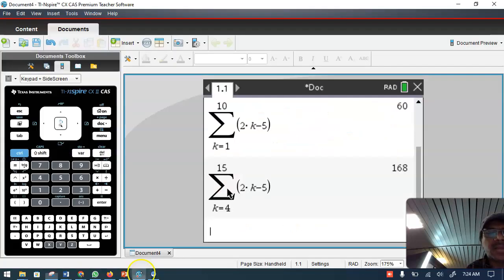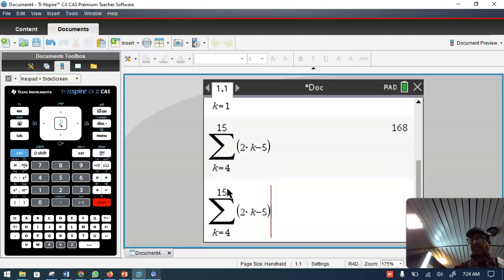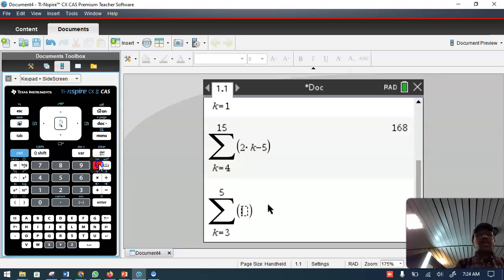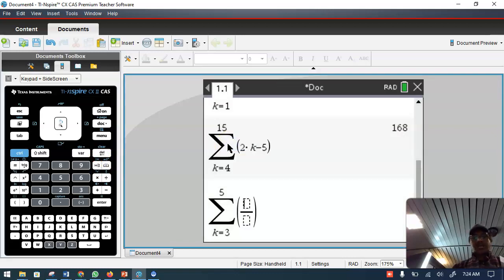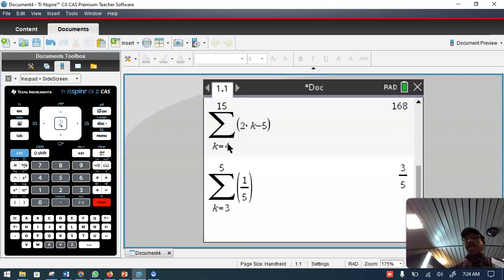Or you can put it on the calculator. Let me get this k to 3 to 5, so take that off. And this was 1 over k, right? So I put 1 divided by, so go here, 1 divided by 5, and I think, did I make a mistake?